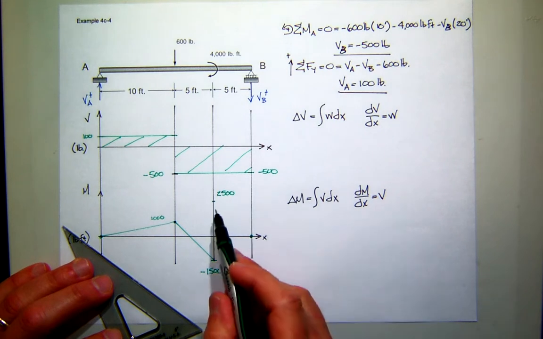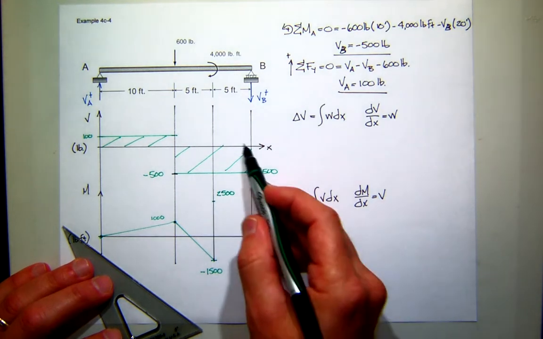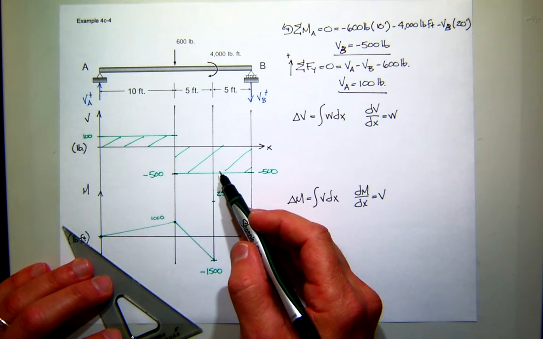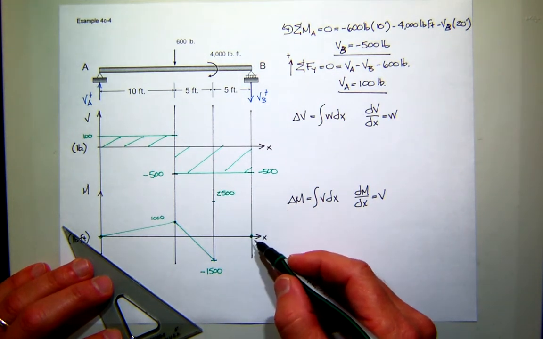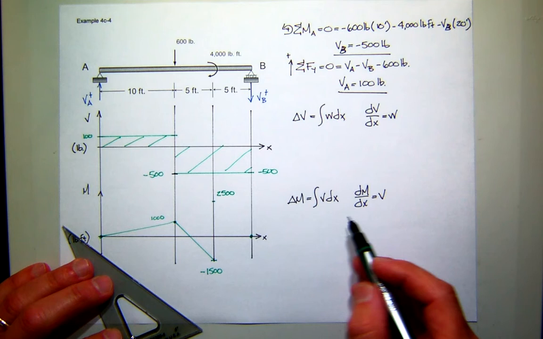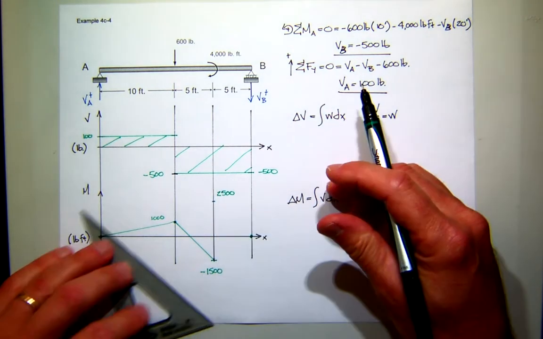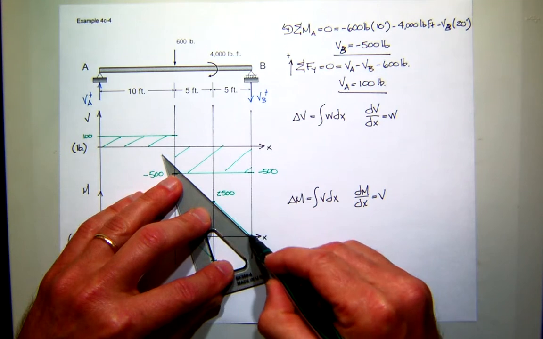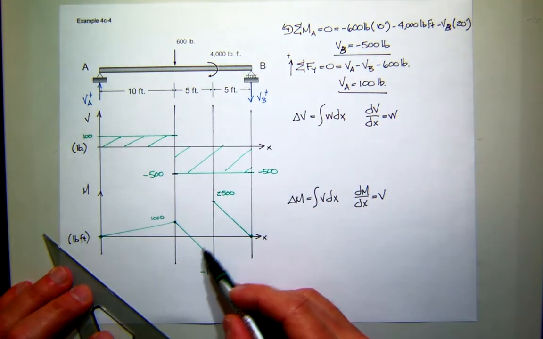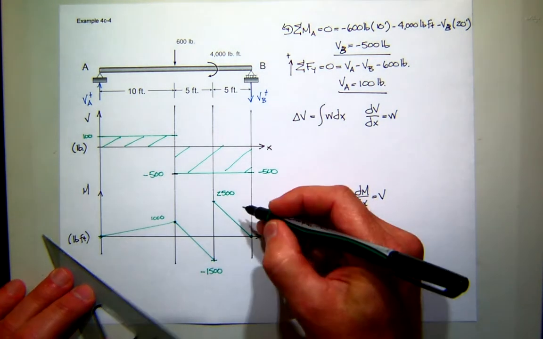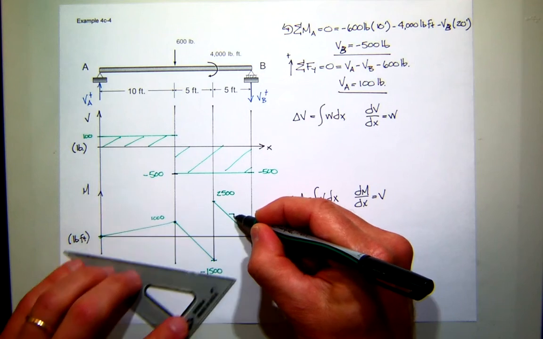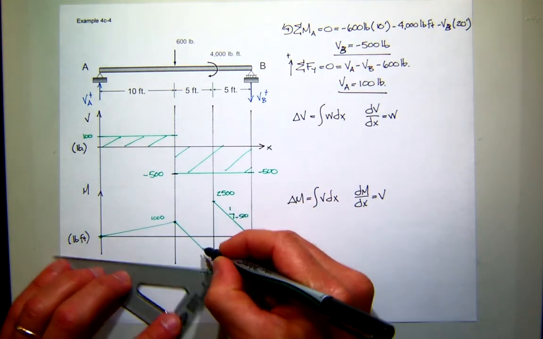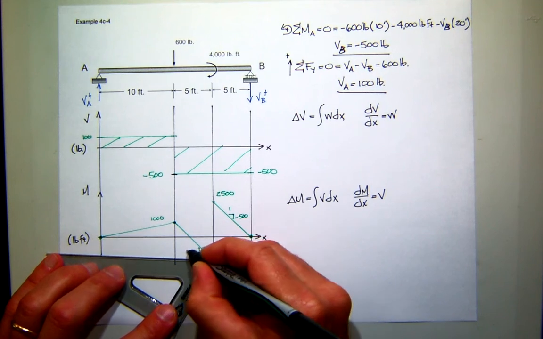Now the change in moment from 15 to 20 is the area under this part of the diagram, which is negative 2,500. Yay! And what's the slope? It's equal to the shear, and the shear has the same slope as this previous line. So these two slopes are the same, minus 500.